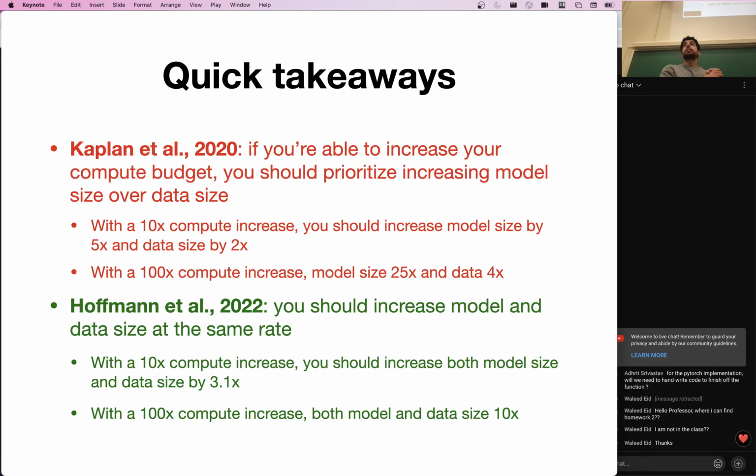They trained a ton of language models with different data and model sizes with the same budget, and then looked at, for each fixed compute budget, when did I get the best performing model in terms of perplexity? And they tried this for a bunch of different compute budgets, and then fit a power law to predict, for some test compute budget, what is the best balance of these two. So both of these papers did the same, fitting a power law, but obviously their conclusions are very different based on the data.